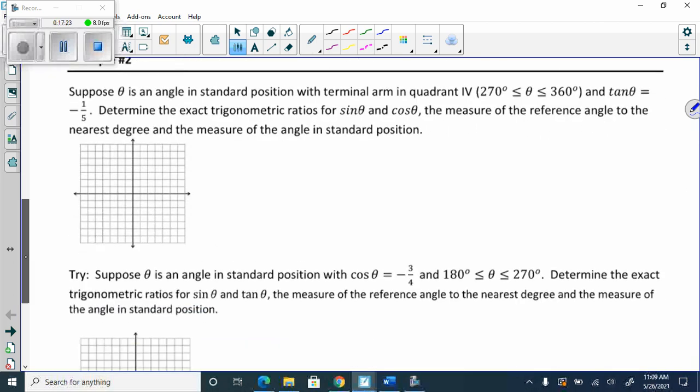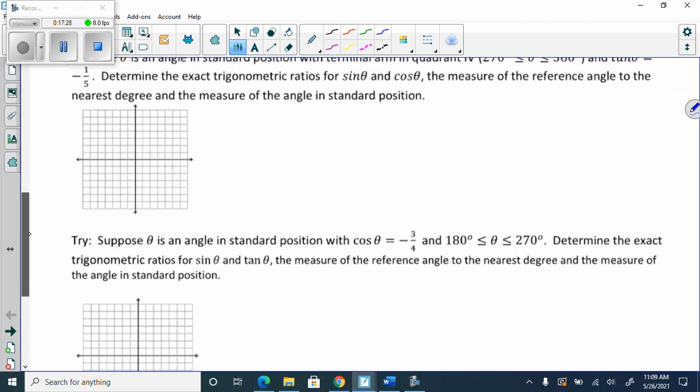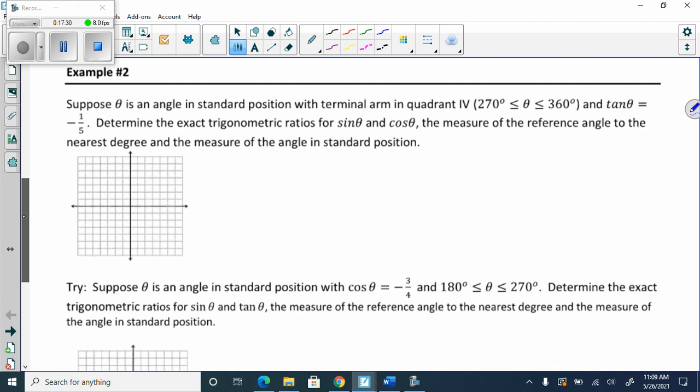It's page 6. We're going backwards. Page 6, example 2. So we did do example 2, but we just did the trig ratios.